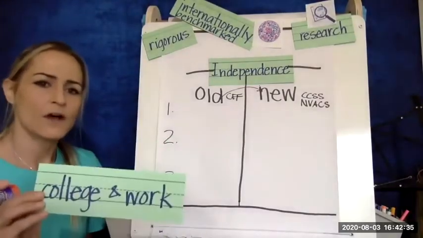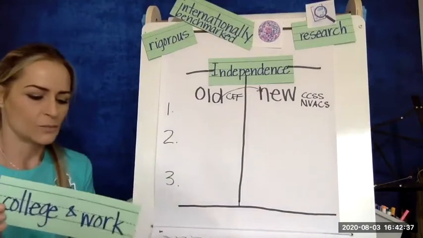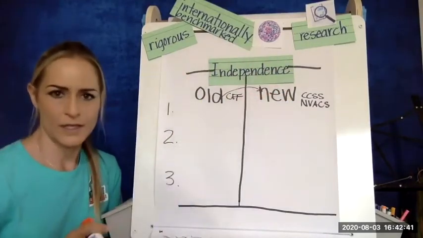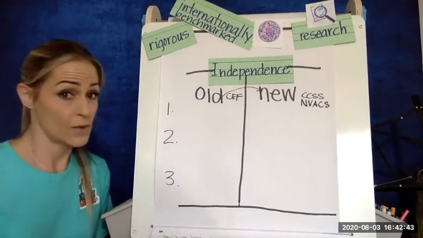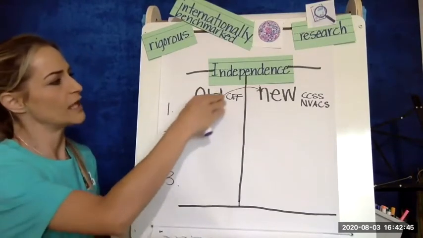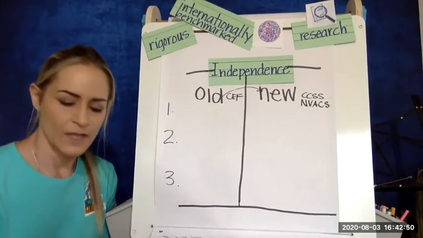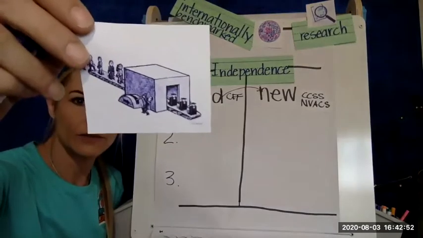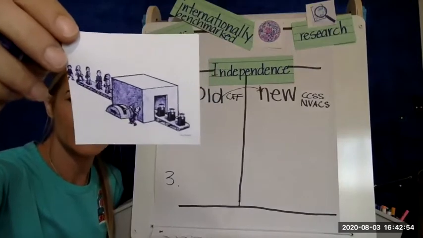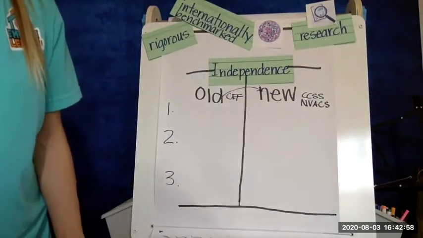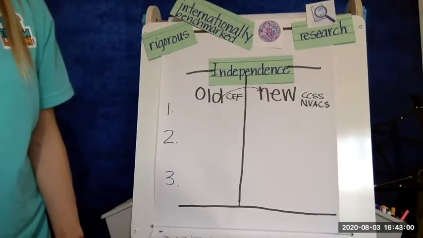So when we talk about college and career readiness, what they'll do for work, we really have to change the way that we're thinking, because back when the old standards were created, we were sort of pumping out factory workers. Because if you think about the Industrial Revolution, it was very factory-based, and it was okay for each student to have the same type of knowledge and the same types of skills.